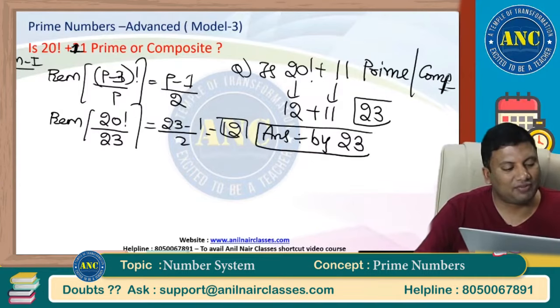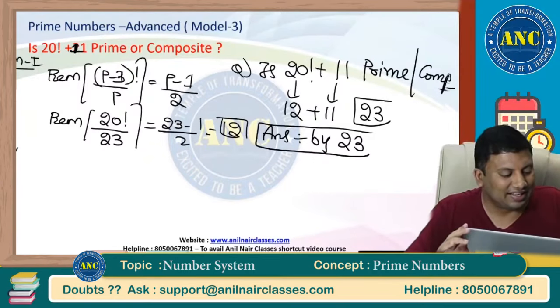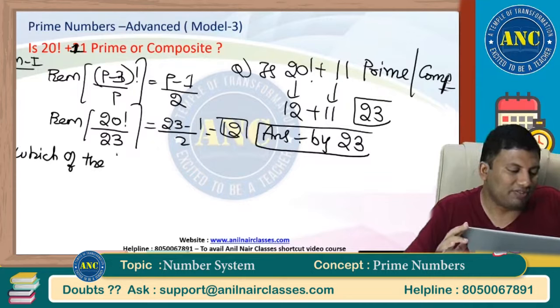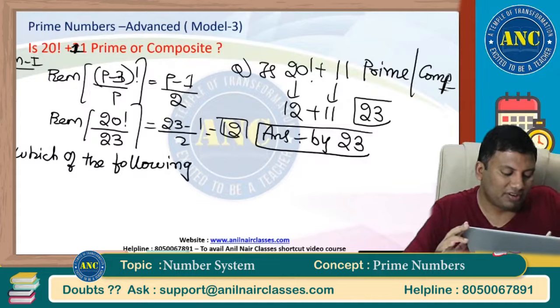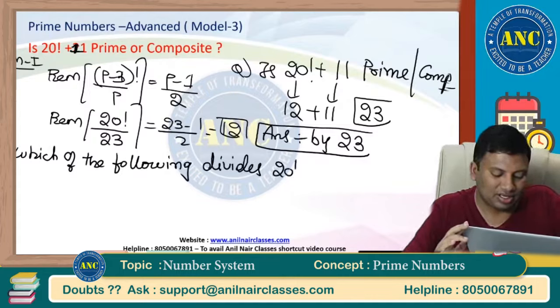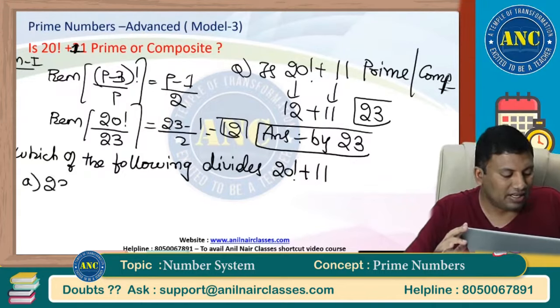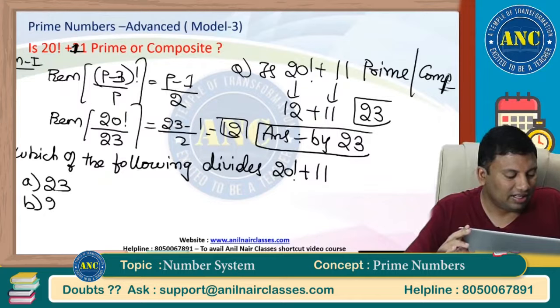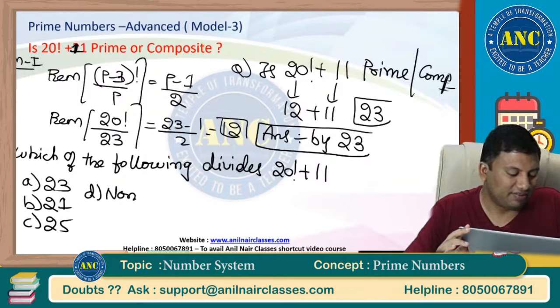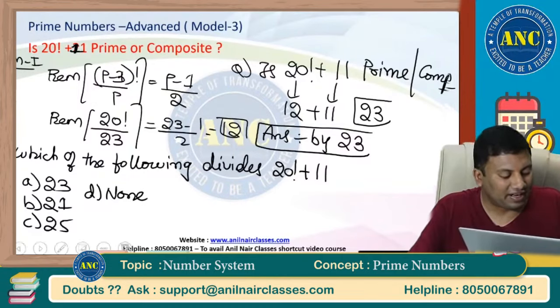The best way of asking this question is like this: which of the following divides 20 factorial plus 1? Options: 23, 21, 25, none of these.